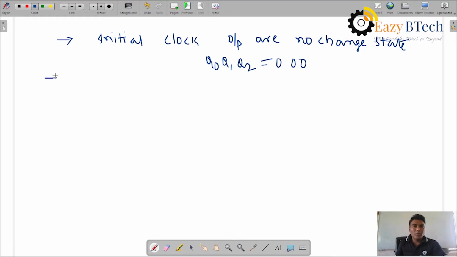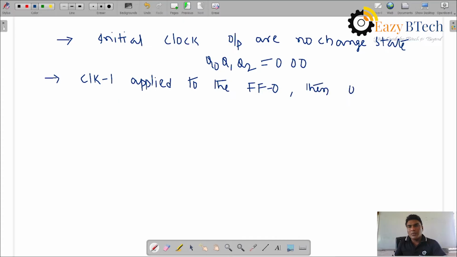Okay, now clock 1 is applied to the first flip flop, FF0. Then Q0 changes to 1.